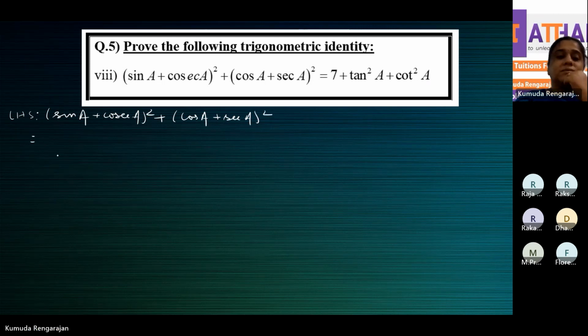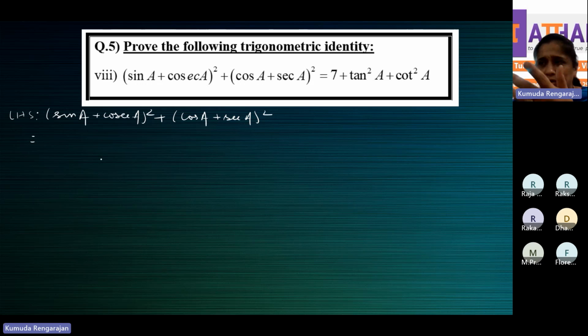All right. The rule is other ratios are to be changed to sin and cos. Here you can do that, but I'll tell you why it's okay not to change also.